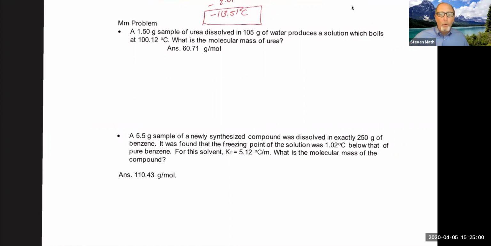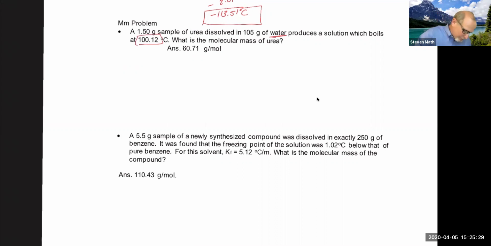grams per mole. Okay, so we've got a 1.5 gram sample of urea. Well, what's urea? We don't need to know that. We're going to calculate the molar mass. We're not going to look it up on the periodic table. We're going to calculate it from the boiling point data. What they told us was that this was in water and it boiled at 100.12.